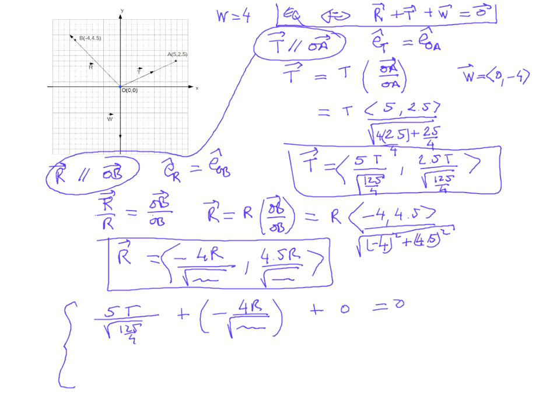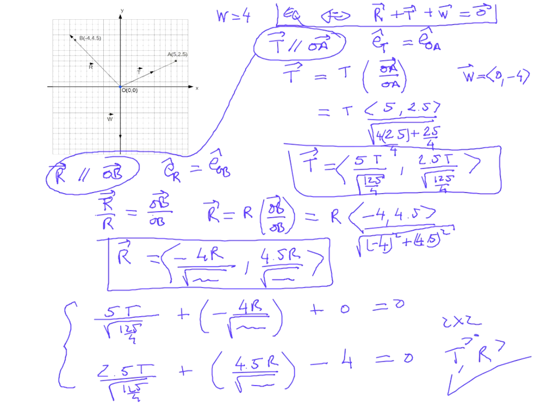And then we add all the y components now, 2.5T, then the Ty, and Wy. Bang! That's a 2 by 2. We can solve for T, we can solve for R. Easy. And we know those two little buggers better be positive. Otherwise, we go somewhere.